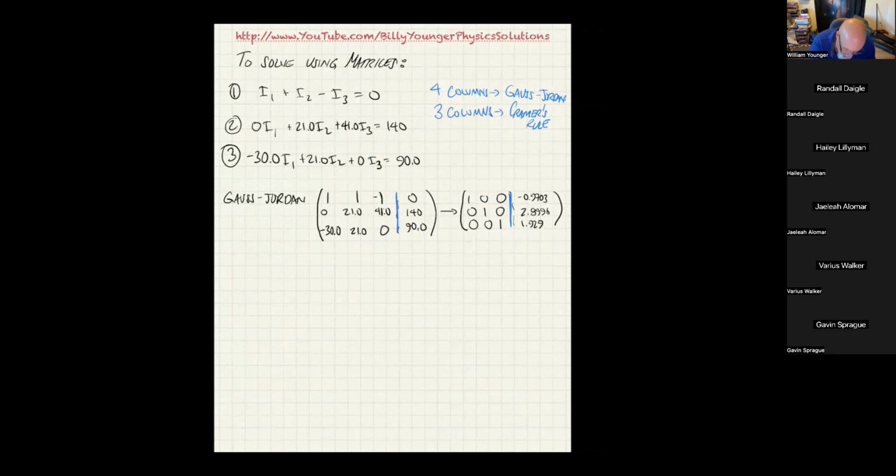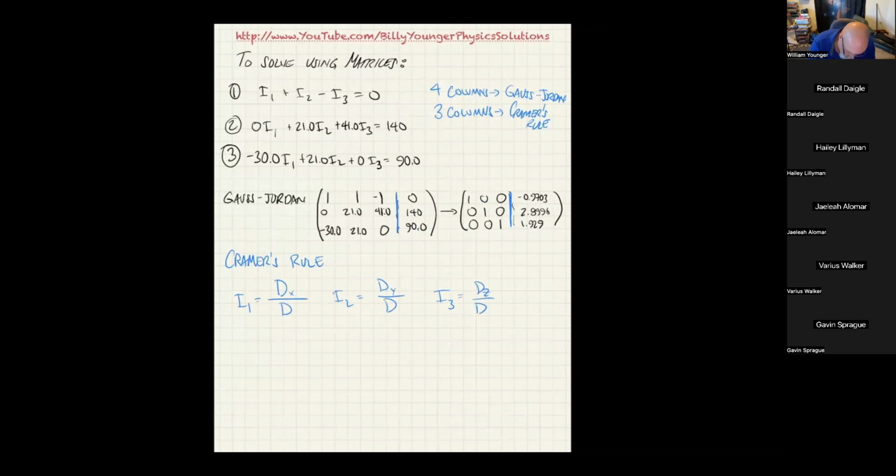But if you wanted to do Cramer's rule, what you would do is say I1 is equal to the determinant of x, which I'll explain in a second, divided by the determinant of d. I2 would be the determinant of y divided by the determinant of d, and I3 would be the determinant of z divided by the determinant of d.